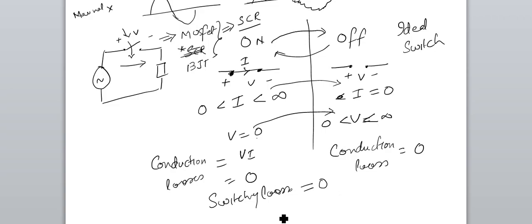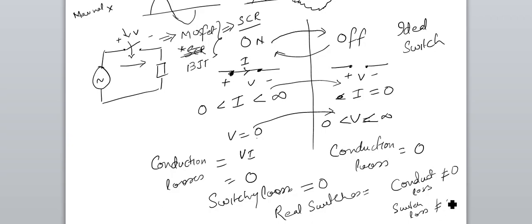But if you talk about real switches, real switches will have conduction loss also not equal to 0, and switching loss also not equal to 0. Okay, so this is what happens when you are talking about switches.